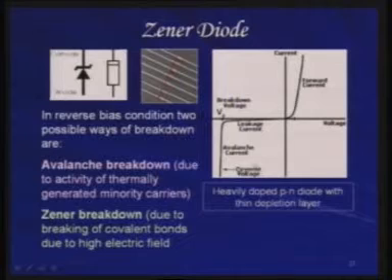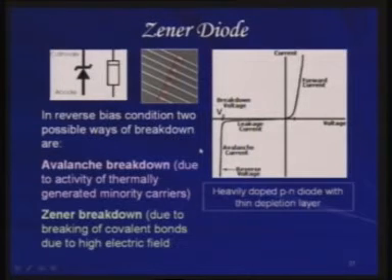This is called the avalanche current. So this is a Zener diode, which is used in many voltage regulator circuits, because this VZ is fixed for a Zener diode, and come what may, it will always give you a constant voltage across it.